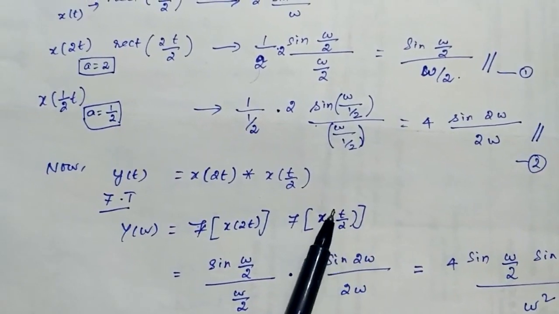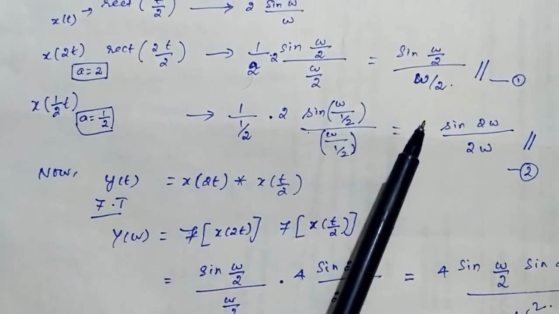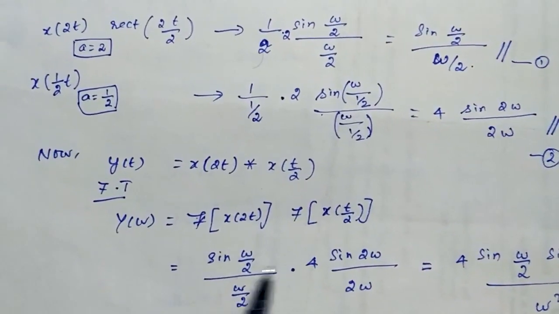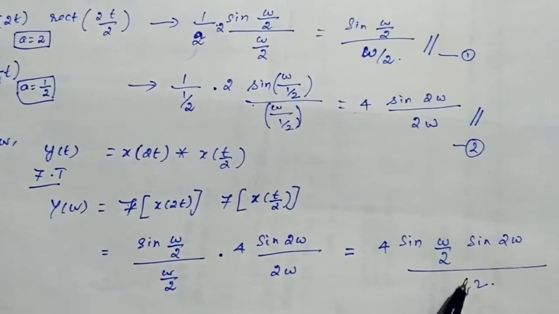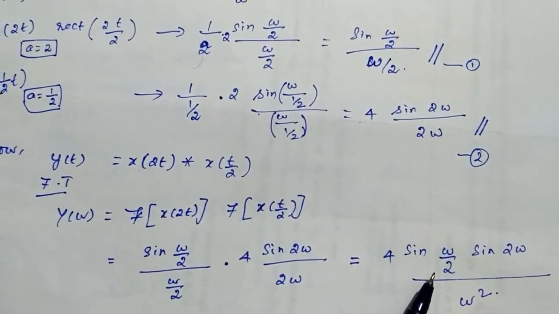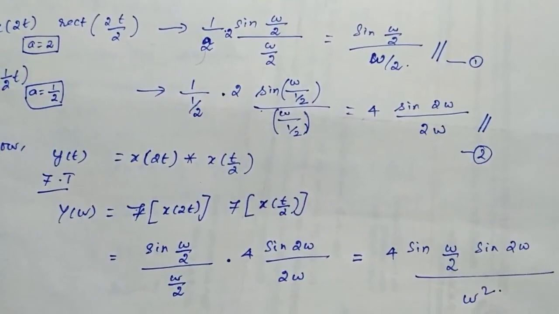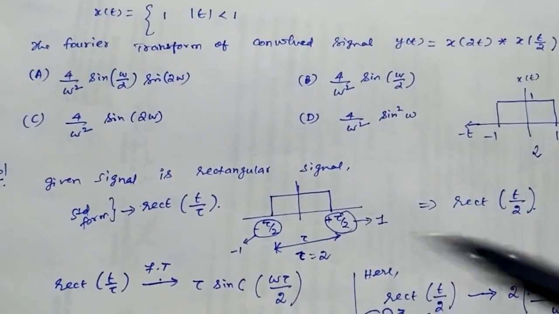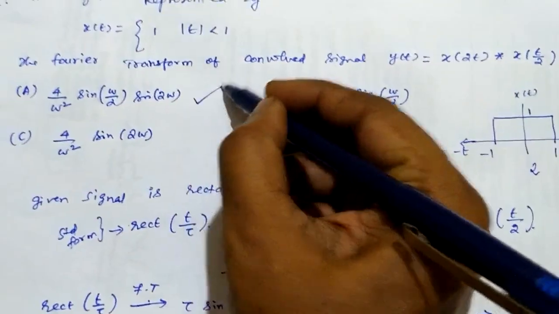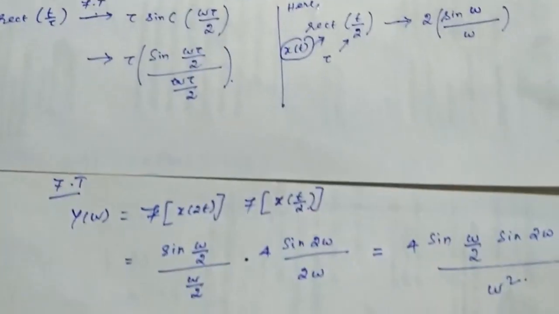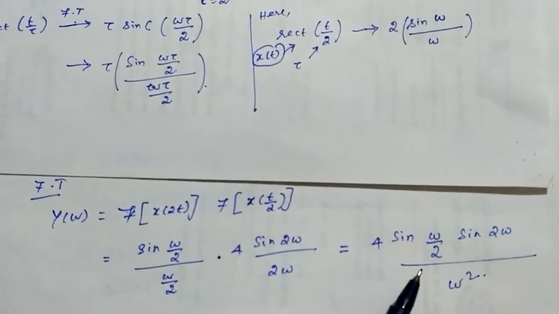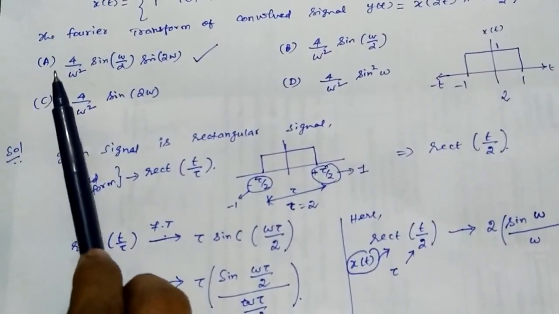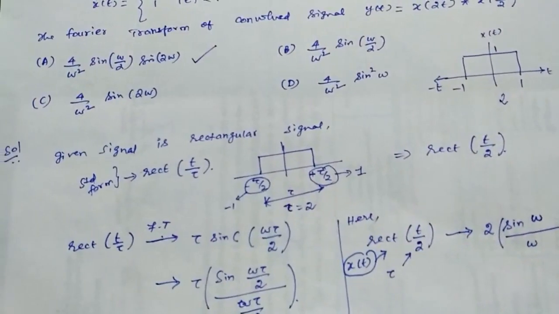And the Fourier transform of x of t by 2 is 4 into sine 2 omega over 2 omega. When we simplify this, we have the answer as 4 into sine omega by 2 into sine 2 omega over omega. Among the given answers, we get 4 sine omega by 2 sine 2 omega divided by omega. Okay, correct.